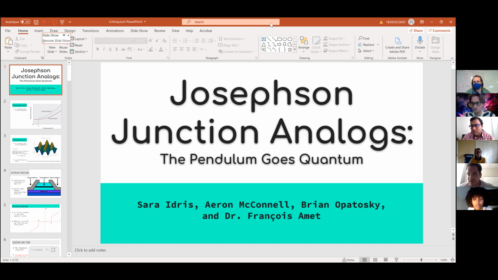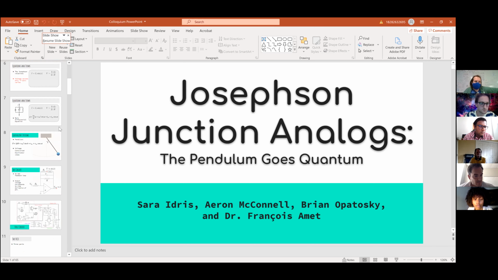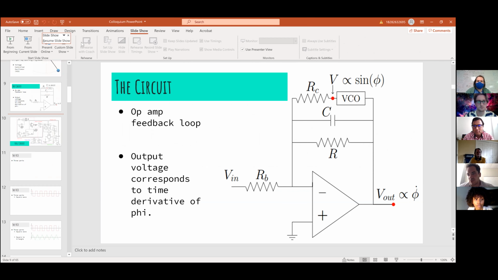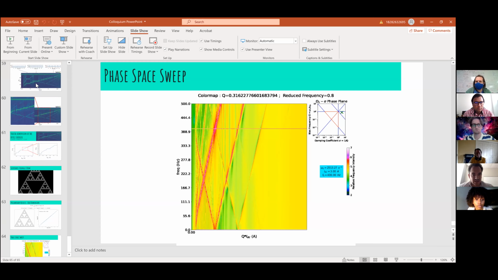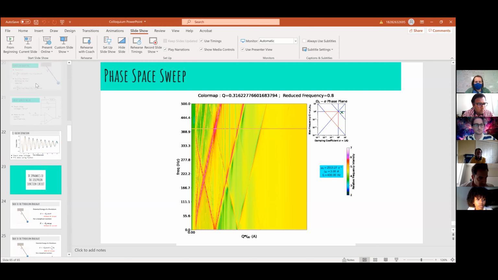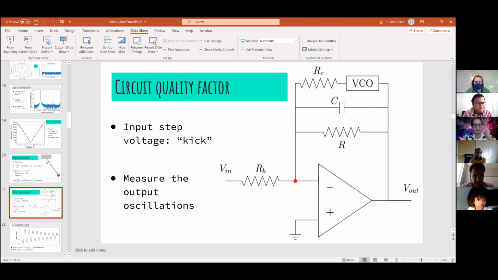I don't know who's controlling the PowerPoint right now, but could you go to the simplified circuit slide? So the quality factor determines whether you're underdamped or overdamped. We control it by changing that resistor R, the shunting resistor, which is in parallel with a voltage controlled oscillator.